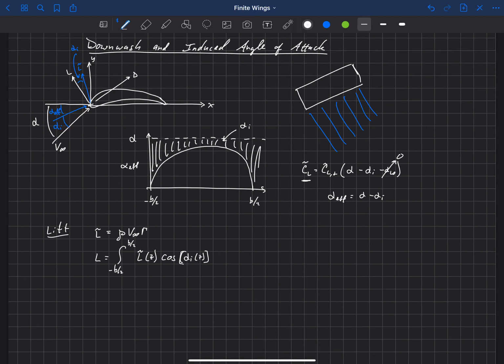The induced angle of attack is a function of z. We take the cosine of that, multiply it by the local lift, and integrate that over dz, and that gives us the global lift.